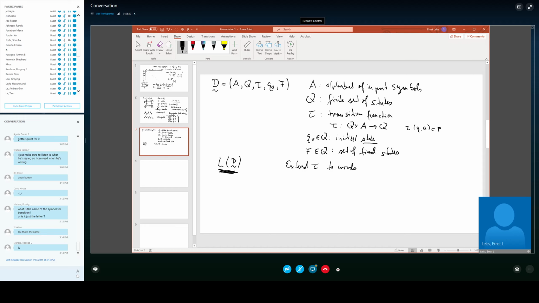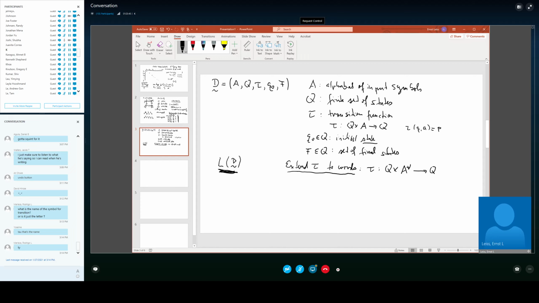But what we really want is, we don't want to know tau just for letters. We want to extend it to words. Tau, we want to go from Q cross A star. And in this particular case, it turns out that this still gets us to single states.